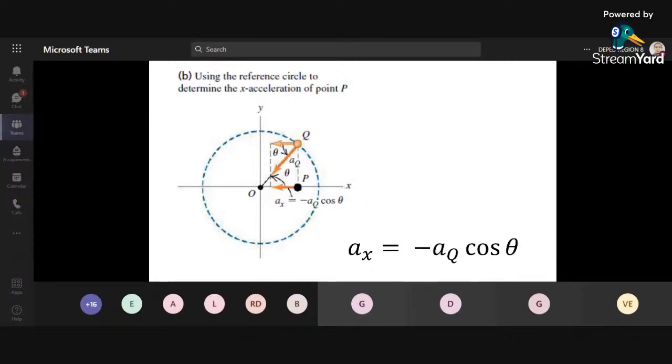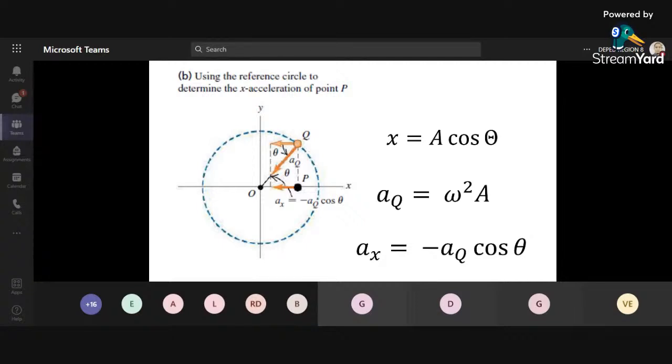Okay. And from there, we combine these two different equations. This is the equation for determining the displacement of the shadow P, where the displacement of shadow P is equals to x, which is equals to the radius of the circle multiplied by the cosine of this angle.